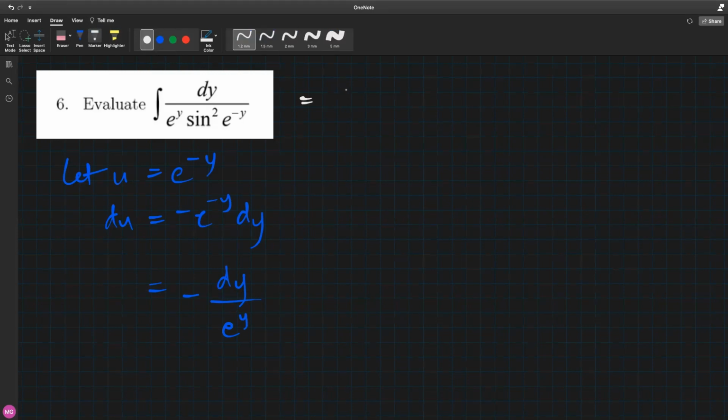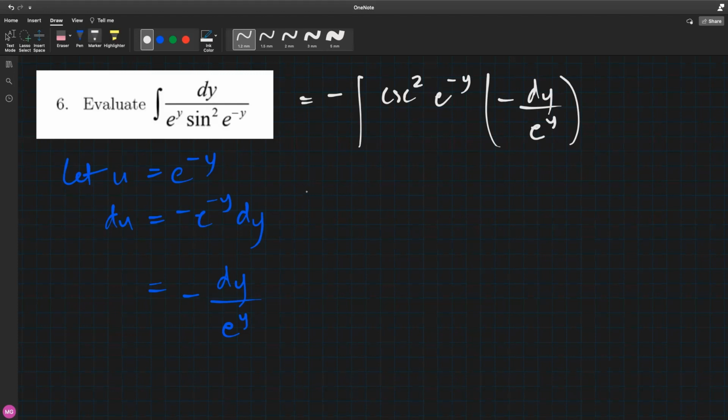So rewriting, this will become, let's add a negative sign here, negative. And since we have 1 over sine squared here, we can just rewrite that as cosecant squared e raised to the negative y. And since we added negative here, we will write negative also inside, negative dy over e raised to the y. And then let's start substituting our u here.